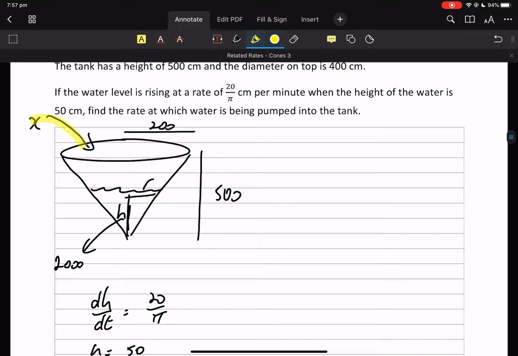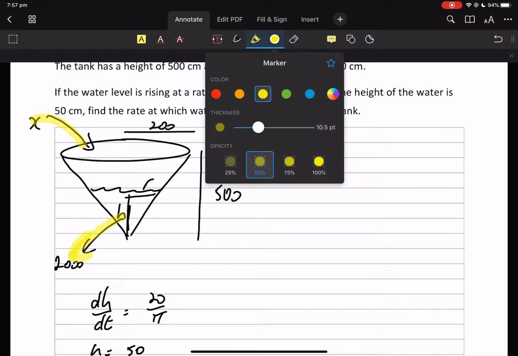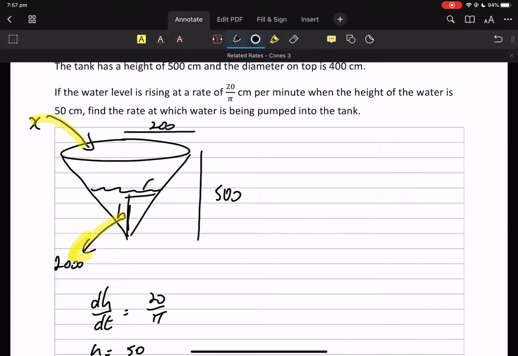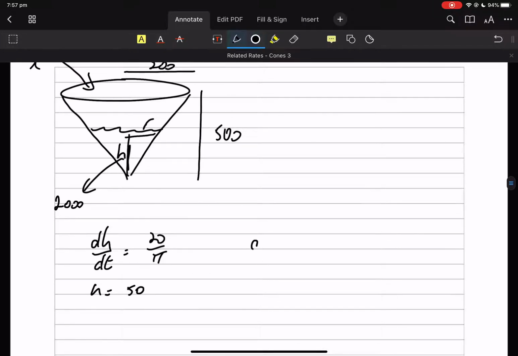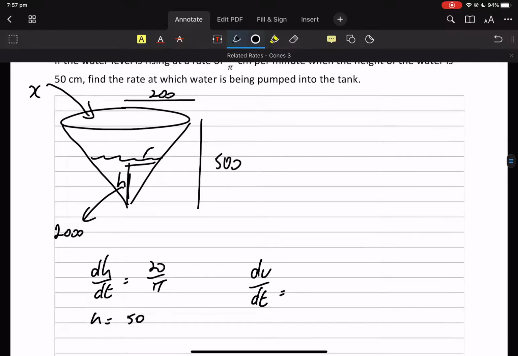Clearly, this x going in and this water coming out is changing the volume. So we have dV/dt: x is going in and 2,000 is coming out.